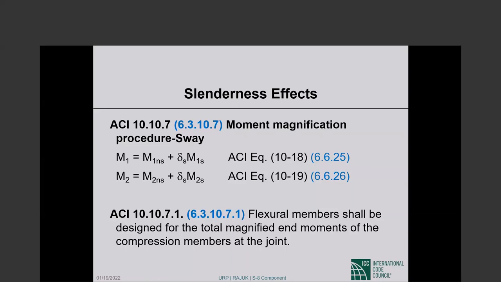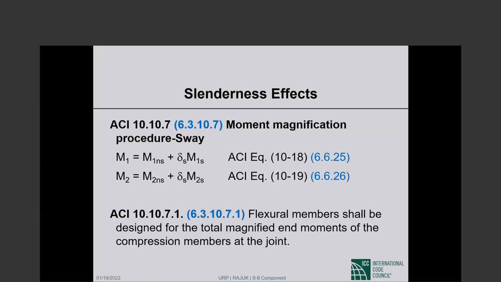Okay, read it again. Factored end moment on a compression member at the end at which M sub 1 acts due to loads that cause no appreciable side sway, calculated using a first order elastic frame analysis. This is M sub 1 NS.